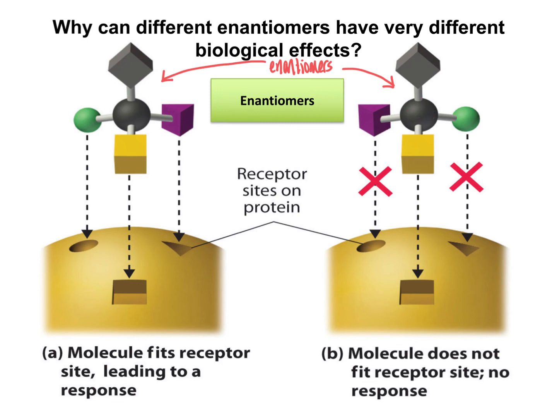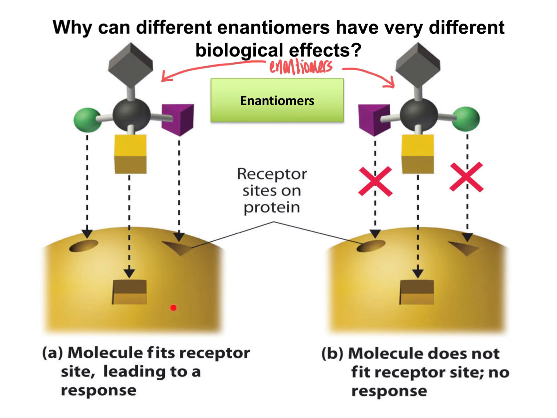We would observe that if each of those 2 molecules that are related as enantiomers attempted to bind to the receptor site on the protein, the structure on the left would be perfectly complementary because the triangular part of that molecule lines up with the triangle on the protein, the square or box part here lines up with that, and the sphere in green lines up with the spherical shape on the protein binding site.